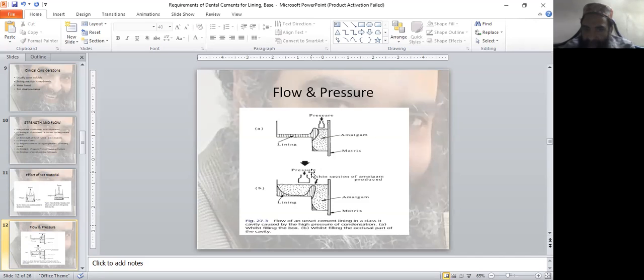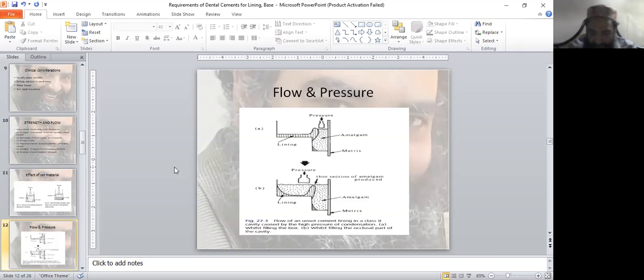And if thin sections are there, what will happen? The pressure is more and it pushes apart the lining material, due to the excessive pressure. Here, if the lining is thin, then what happens?